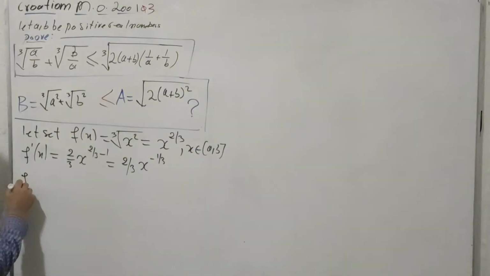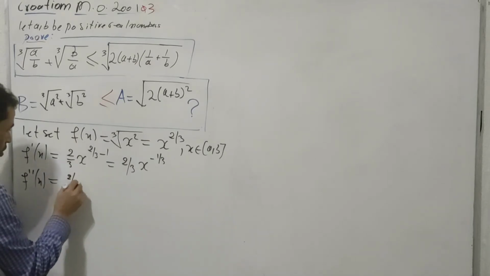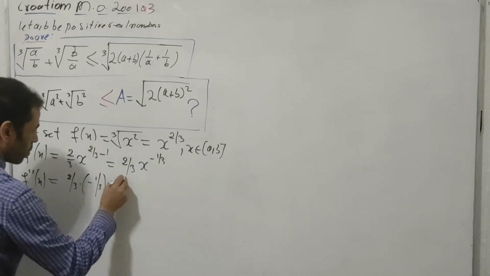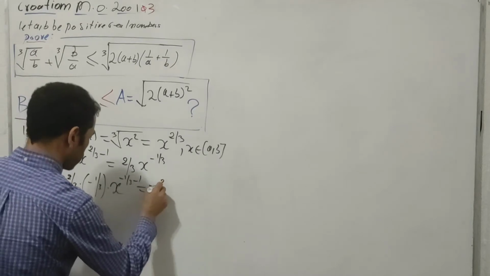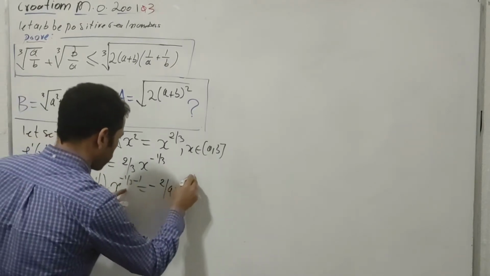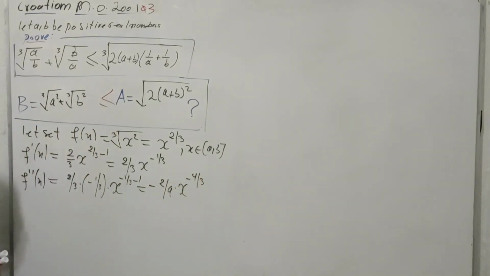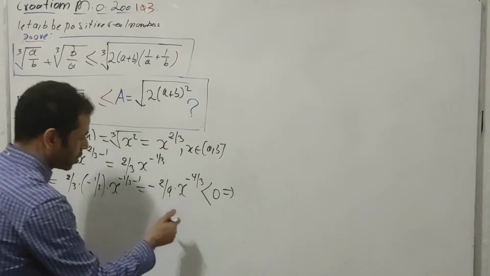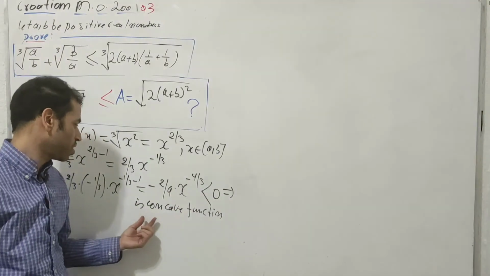The second derivative is 2 over 3 multiplied by minus 1 over 3 multiplied by x to the minus 1 over 3 minus 1, which is minus 2 over 9 multiplied by x to the minus 4 over 3. As an exponent, we know this function is strictly less than 0. This is telling us it is a concave function, because we found it is strictly less than 0.